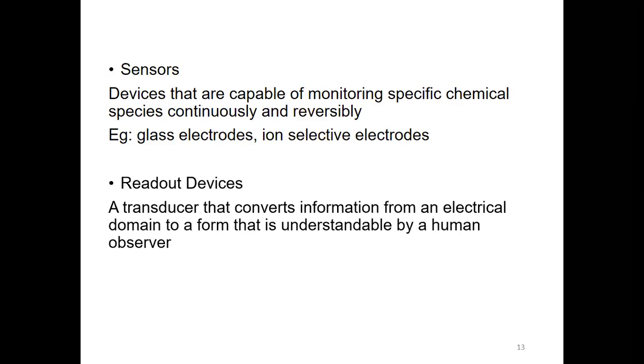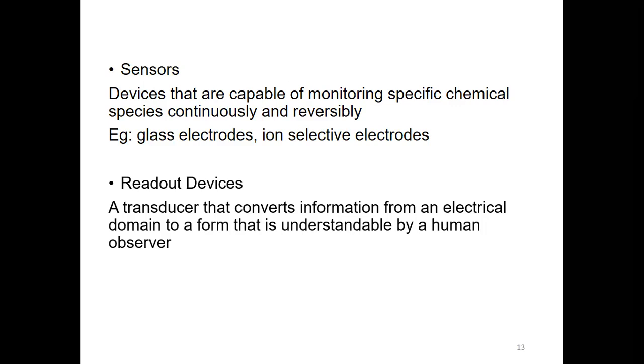And the readout device is a must, because in the instrument there should be a readout device. That is how we get the signal, how we get the output. And in the readout device, there is an output transducer. There are transducers called input transducers and output transducers.